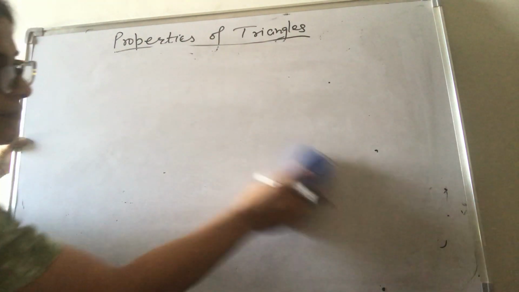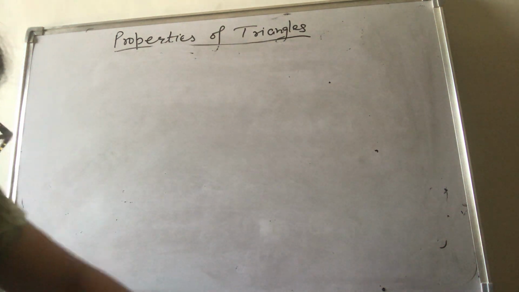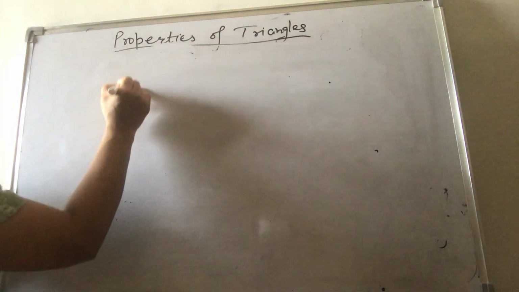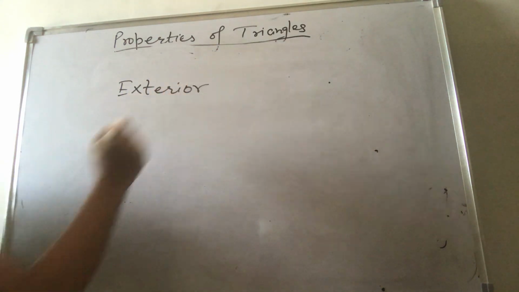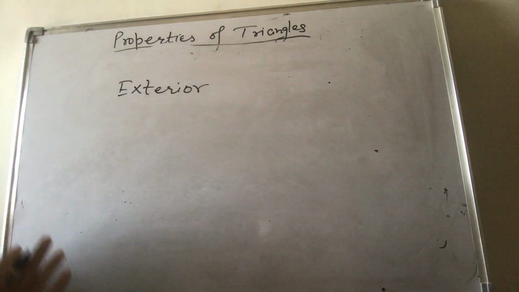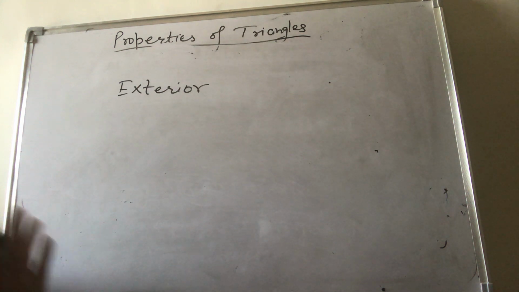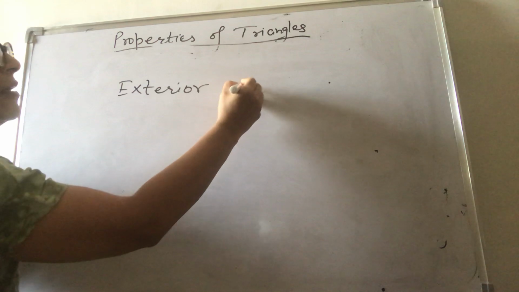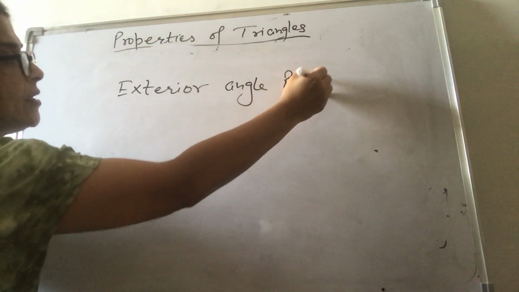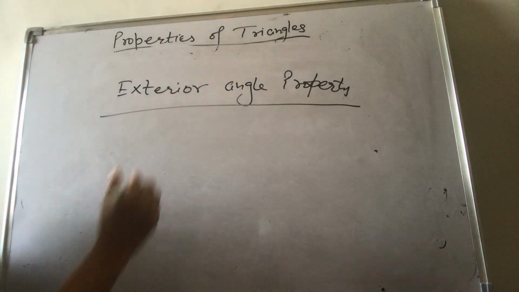Next is exterior angle property. Most important, the new part of the chapter. Till now, whatever I have explained, you have done in class 5 and in class 6. Now this is the new topic, exterior angle property. Listen and understand it very, very carefully.